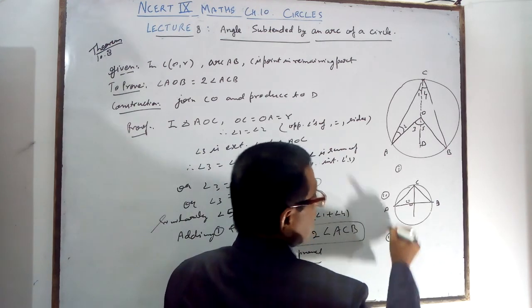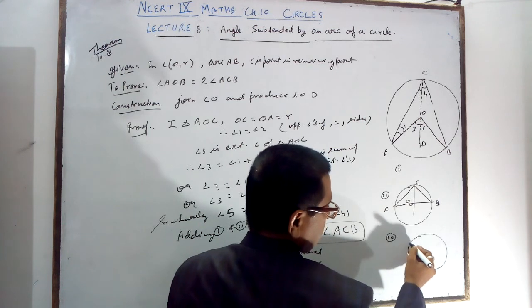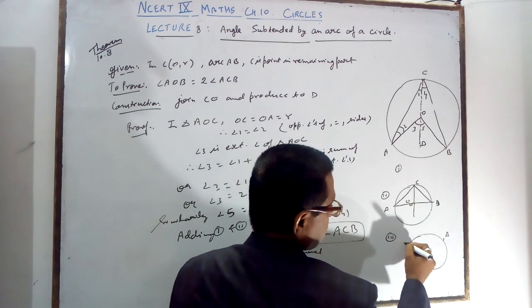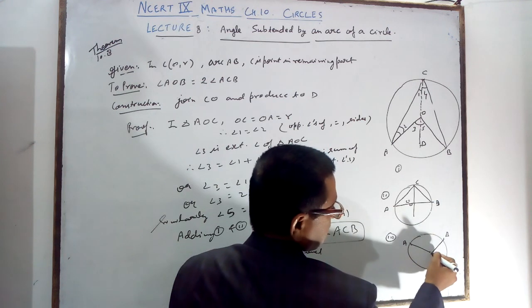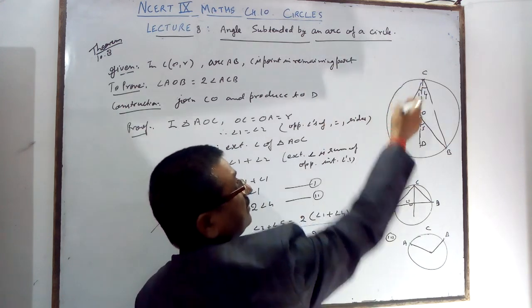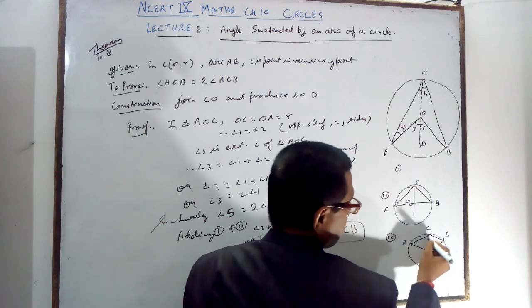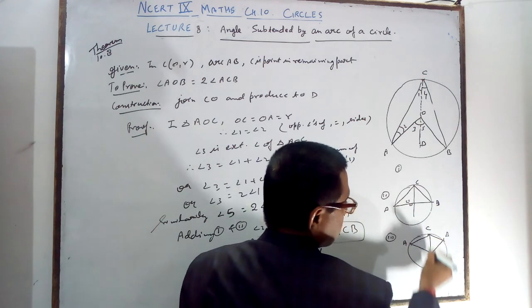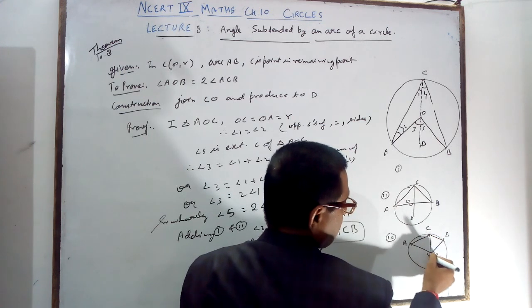In the third figure, when AB is a major arc, then the center will be here. Here C is on the minor arc, and then also your result will be the same. You will get a construction here also like this, and you will get again the double.